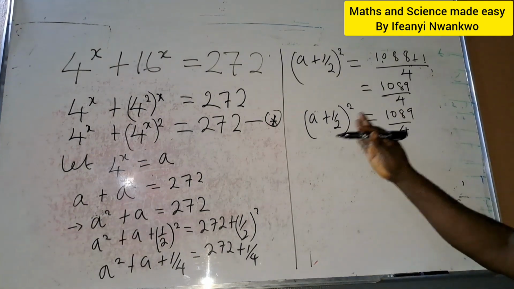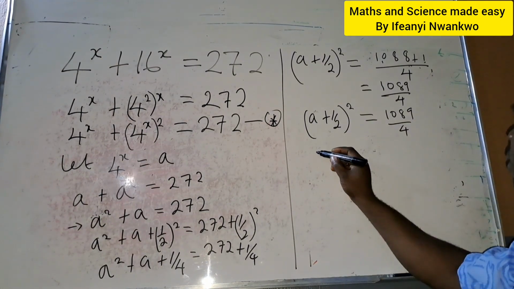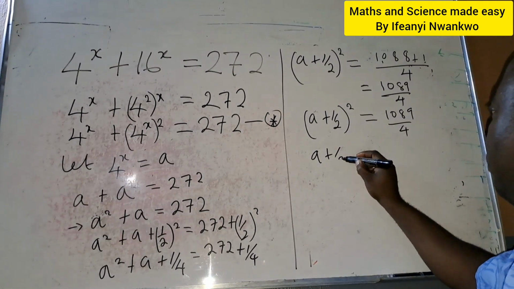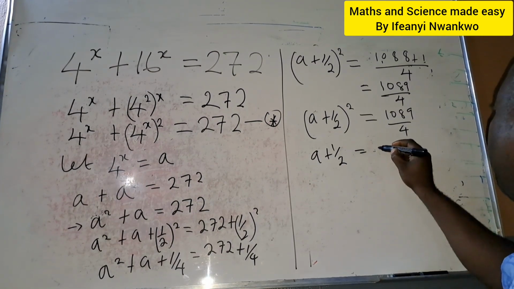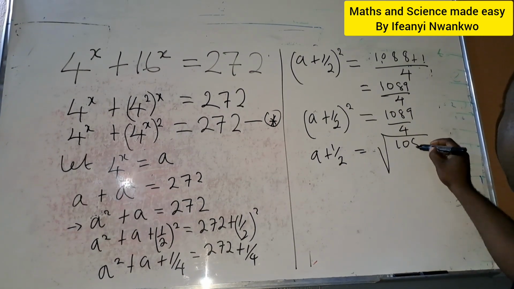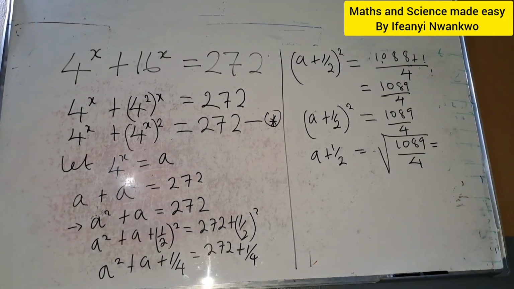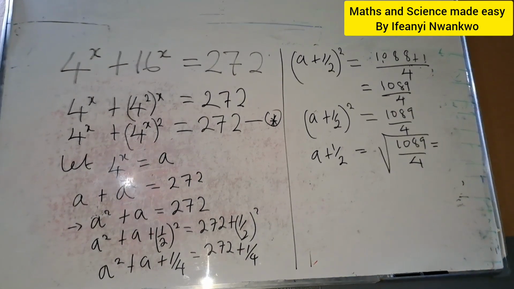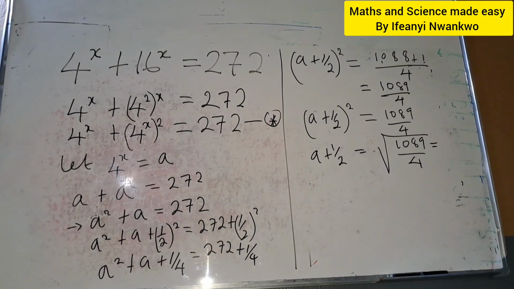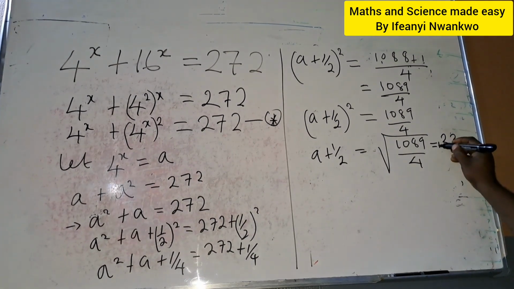If you take the square root of both sides, we'll have a plus 1 over 2 equals the square root of 1089 over 4. I don't know the square root of 1089 by heart, so I use my calculator to compute it. So it's 33, so we have plus or minus 33.